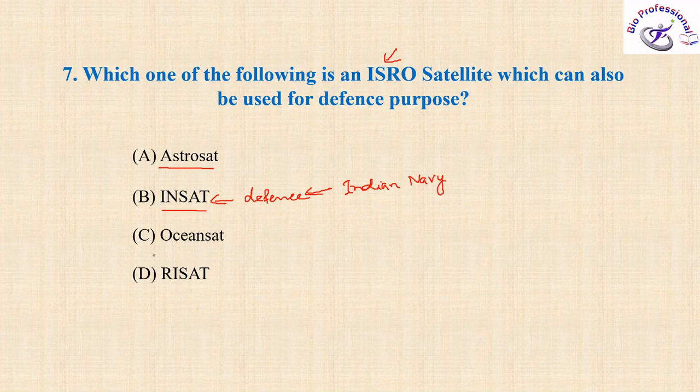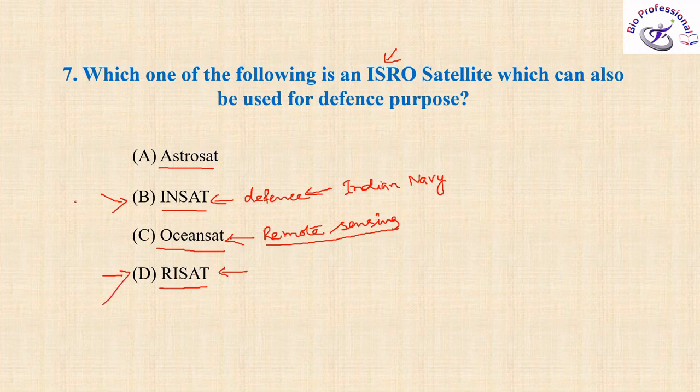Clear? Okay, next, OceanSat. OceanSat is for remote sensing purposes. If you do not know what remote sensing is, and you have interest, you can check what it is. Next is RISAT. RISAT also has a role in defense. For me, this may be the probable answer, because it also has a role in INSAT, but RISAT can also be applied for defense purposes.